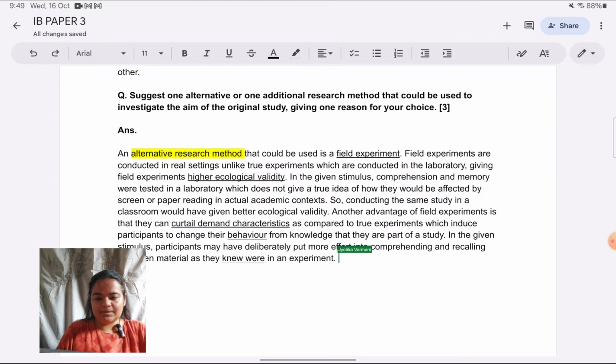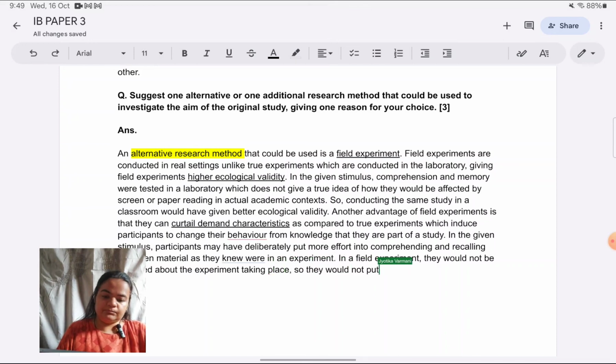In a field experiment, they would not be informed about the study taking place, so they would not put more effort, increasing credibility of findings.